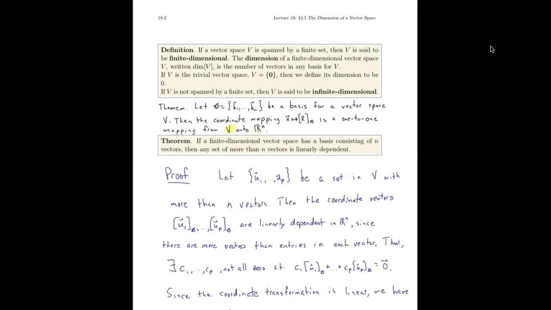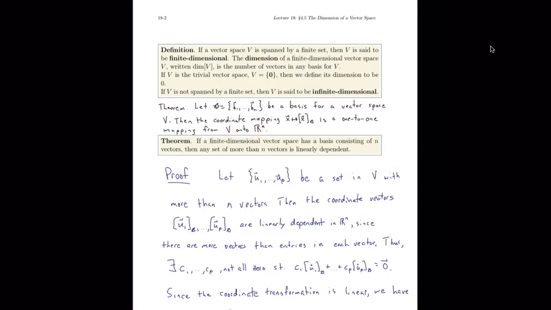In other words, if we had x plus y in V, its image would be the same as taking the image of x and the image of y and adding them together. So one way of thinking about it is that any vector space V is completely analogous to Rn. Maybe we'll just leave it at that.